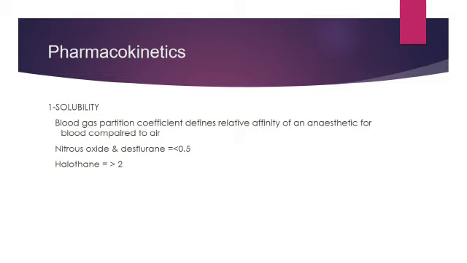So the agents which have a low blood gas partition coefficient are said to be less soluble, like nitrous oxide and desflurane. And where the value is high, the gas is more soluble, or highly soluble, in the blood. So this is the first factor that determines this rapid change of the anesthetic agent in the CNS.